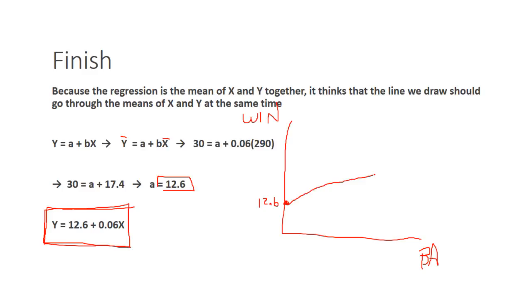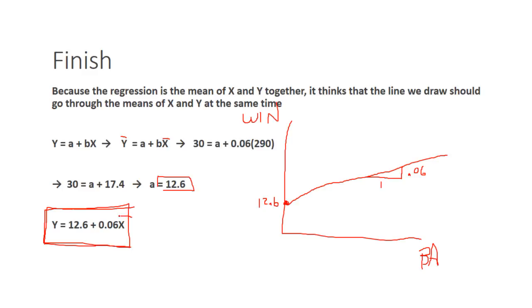And then there's a line that goes up, and it says for every 1 point increase in my batting average, I win 0.06 games. So 10-point increase in my batting average, I'll win 0.6 more games. 100-point increase in my batting average, I'll win 6 more games.